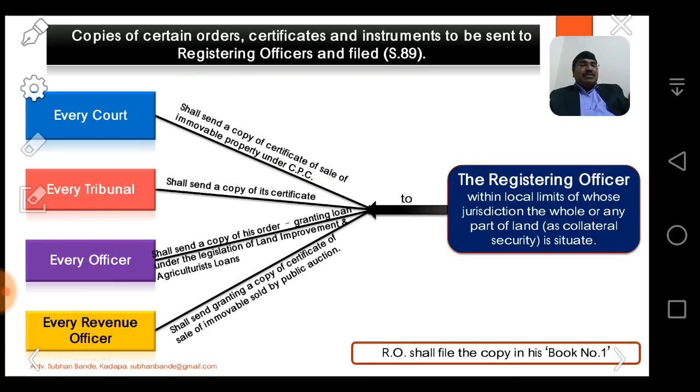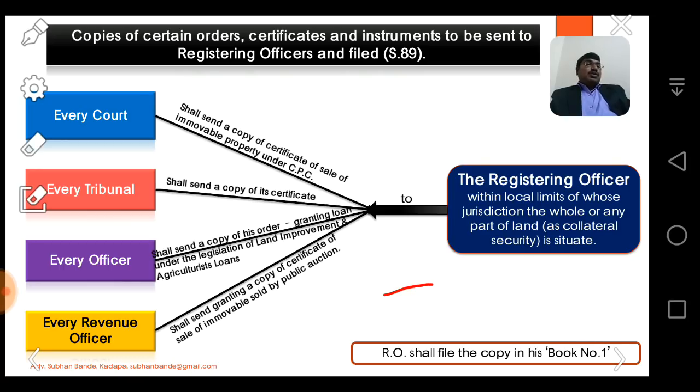This rule is prescribed under section 89 in order to protect the rights of the decree holder. In a civil suit, if a decree is passed in favor of a party, such party is generally treated as the decree holder. But there are certain chances for the judgment debtor. Judgment debtor is the person against whom a decree is passed.